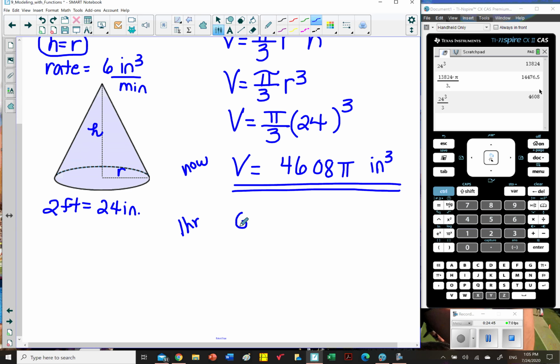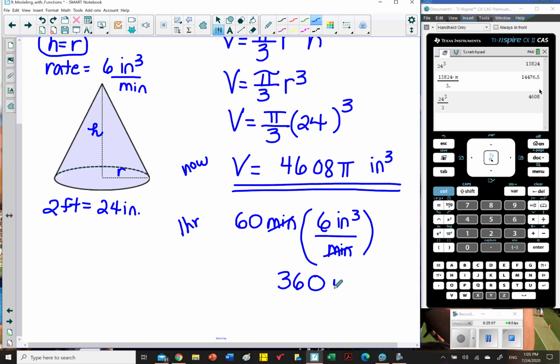And in 1 hour, we've got 60 minutes, and we're going to multiply by the rate, that's 6 cubic inches per minute. So in 1 hour, 60 times 6 is 360 cubic inches.